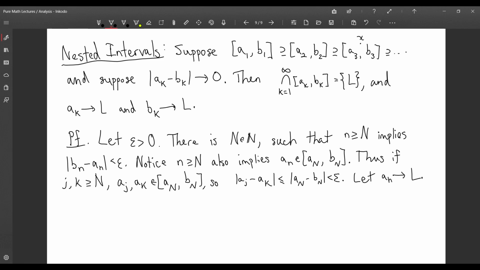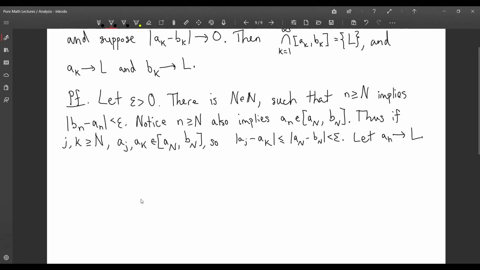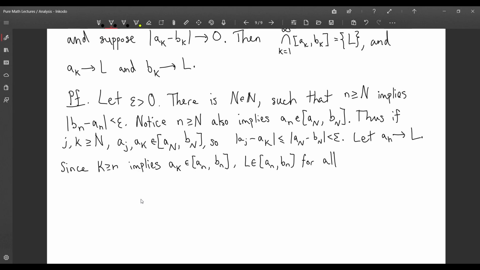Okay, so since k greater than or equal to n implies a sub k is contained in the interval from a sub n to b sub n, L is also contained in a sub n, b sub n for all n.